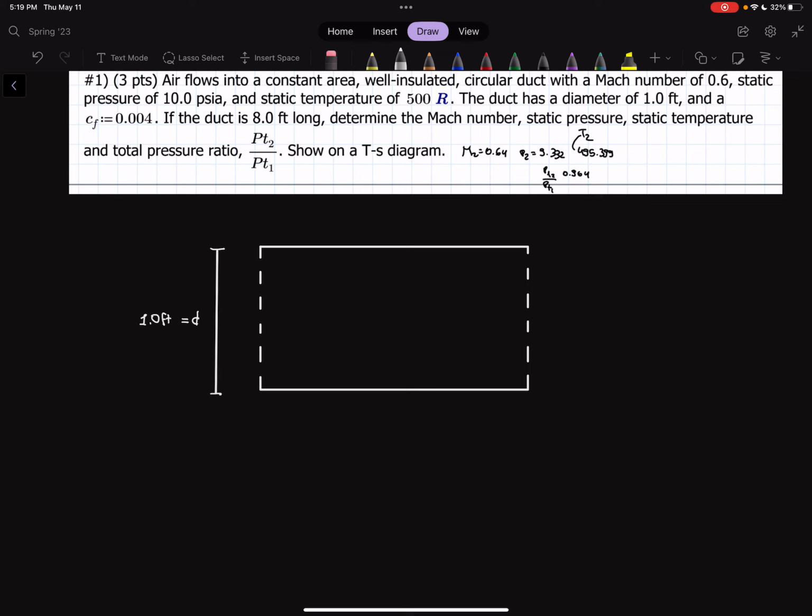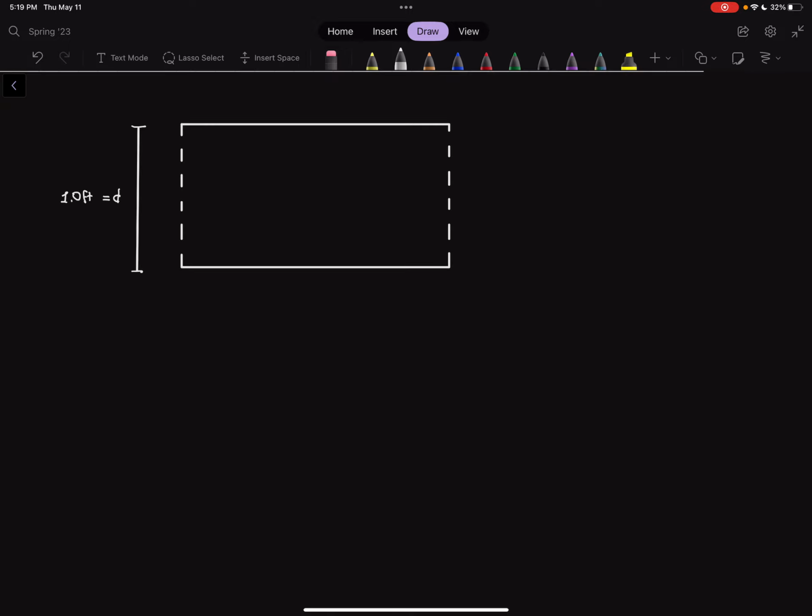And the duct has a diameter of 1.0 feet and a CF of 0.004. This is 8 feet long. So this is 8 feet. We call this L1.